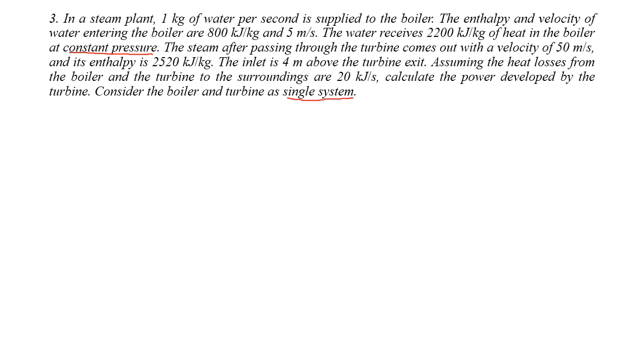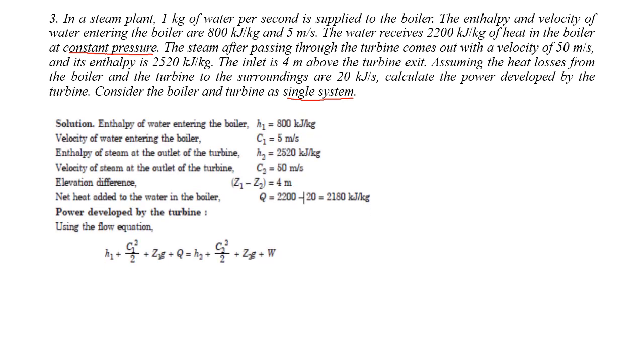Okay. So write down the given data. Enthalpy of water entering the boiler is 800 kilojoule per kilogram. Enthalpy of steam at the outlet of turbine is 2250 kilojoule per kilogram. The velocity of water entering the boiler is 5 meter per second.